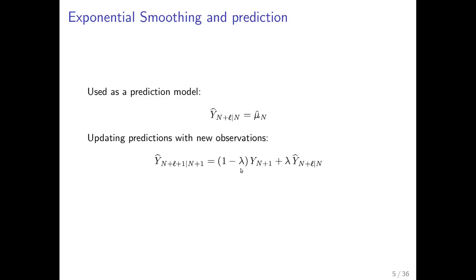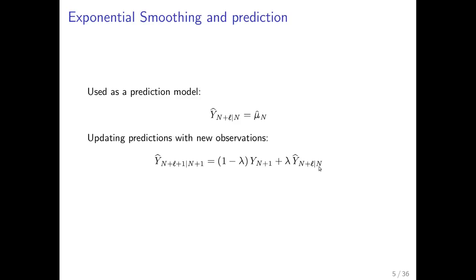When you get observation y n plus 1, you weight down the previous estimate by lambda, and then you have 1 minus lambda as weight on the most recent observation to get the update based on observations up to time n plus 1, where previously it was at time n.